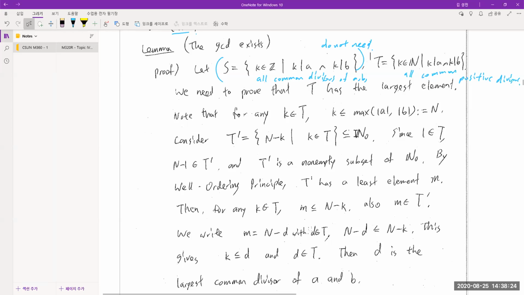So it is a subset of the natural numbers with 0. All right. Now what we know about T, trivially, 1 is a common divisor of A and B. So 1 is in T. So N minus 1 is in T prime.